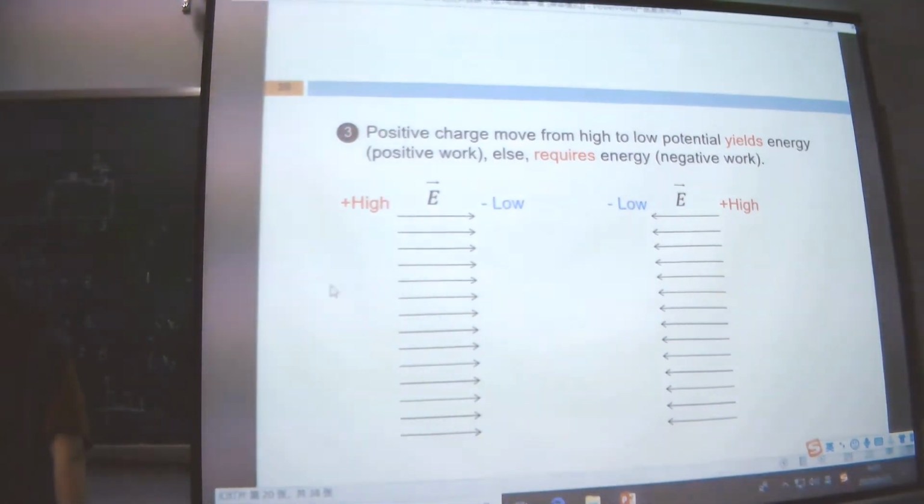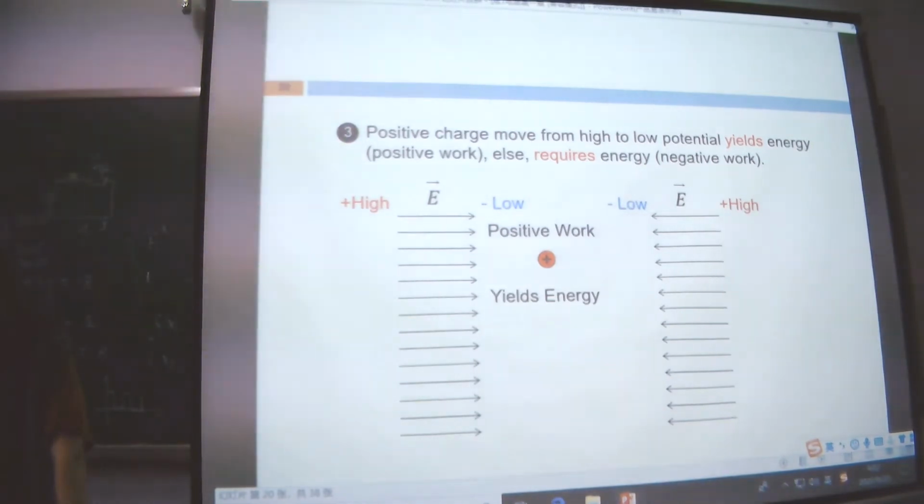So on the left-hand side, it points to the right. Here, it points to the left. And if we put a positive charge here and move it from left to right, it does positive work and yields energy.